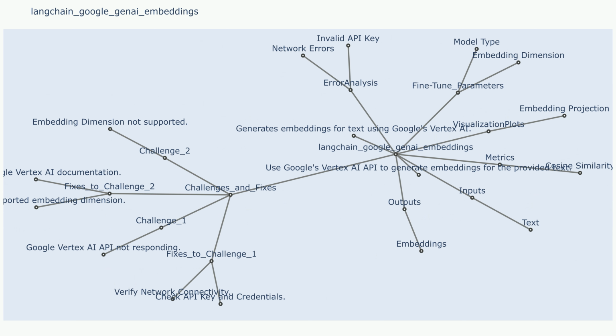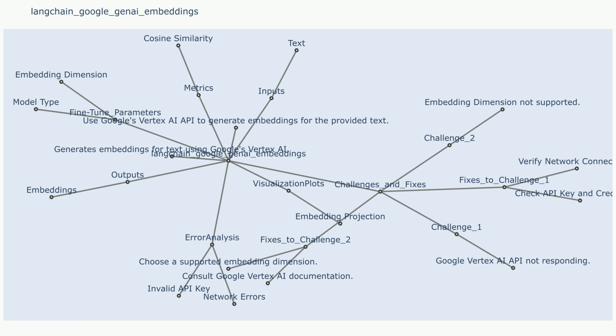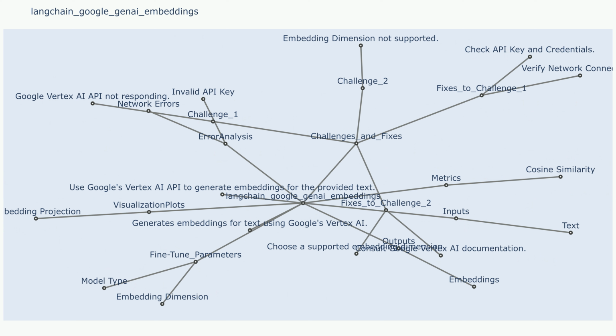Steps. Step 1: tokenization. The input text is broken down into individual words or subwords. Step 2: embedding generation. The model processes the tokens and generates a corresponding vector representation for each token. These vectors are then combined to produce a single embedding for the entire text.